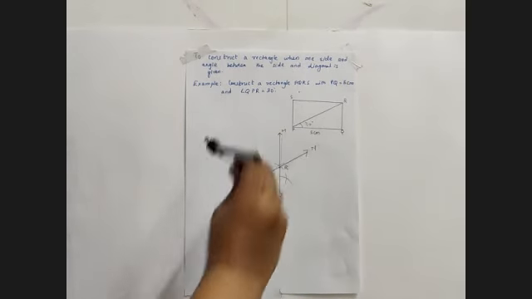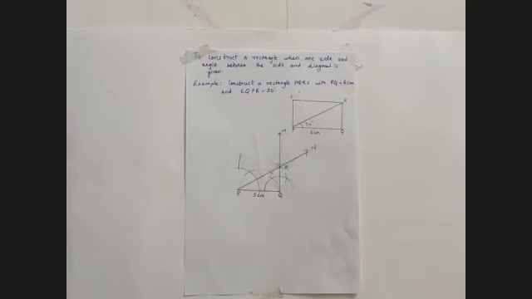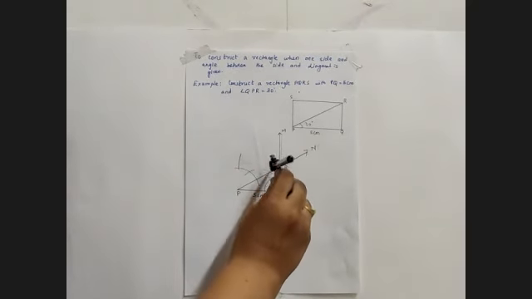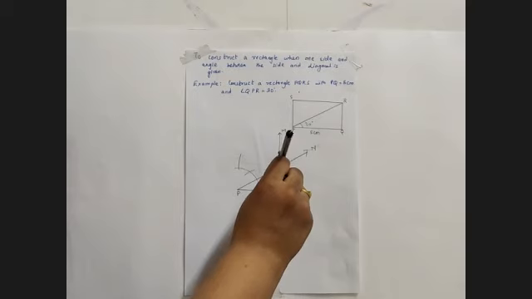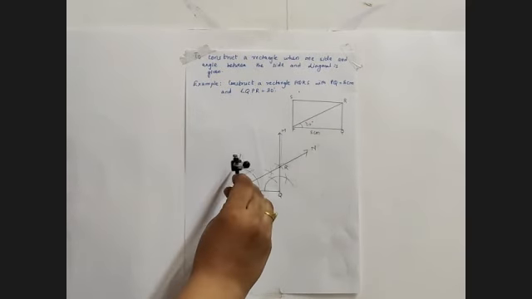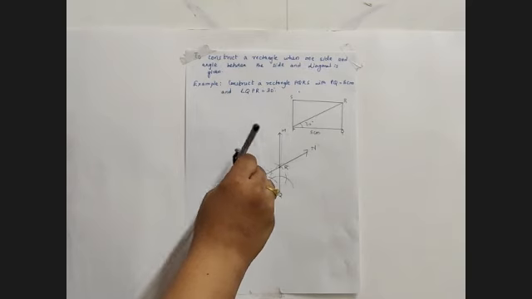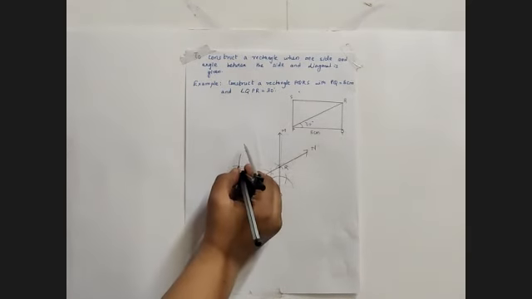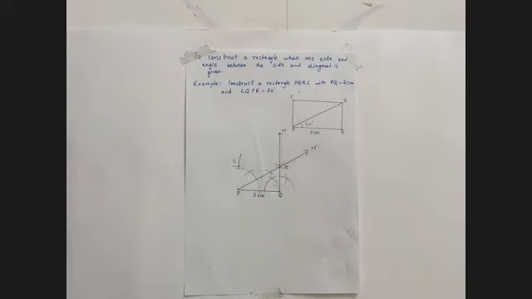But with this, I cannot get the vertex. So what I have to do? I have to measure this QR also. Why? Because the opposite side of the rectangle are equal, and with P as center, I will cut this arc to get my fourth vertex, and that is S.